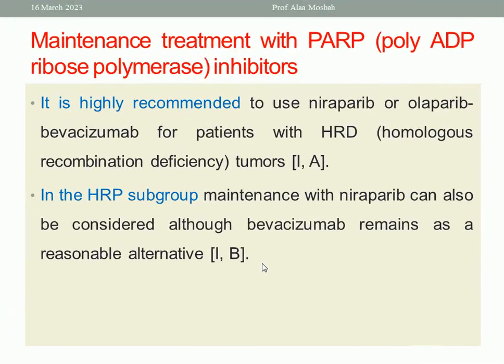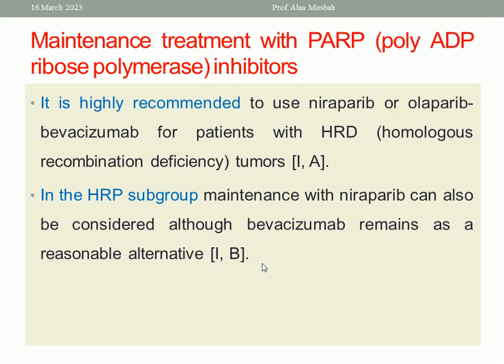Okay, it is highly recommended to use niraparib or olaparib in combination with bevacizumab for patients with HRD, which is homologous recombination deficiency tumors. So in patients with HRD tumor, it is highly recommended to use niraparib or olaparib plus bevacizumab. Okay?